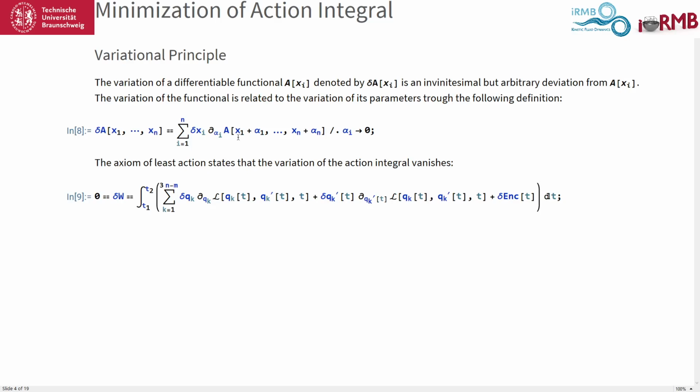So at a given state, we add a small deviation from this state, we take the derivative and then put this again to 0, and because it's the chain rule, we multiply this by the variation of dx_i.